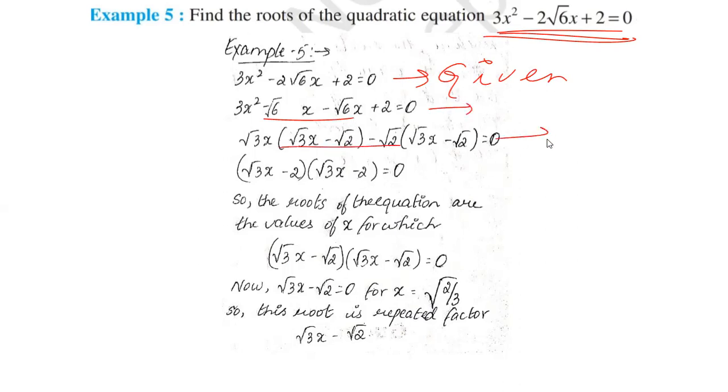Grouping. Here we get two linear factors. So roots can be found out like this. This is one; for this, the root is this one. And for this, oh, the factors are repeated. So the roots will be the same.